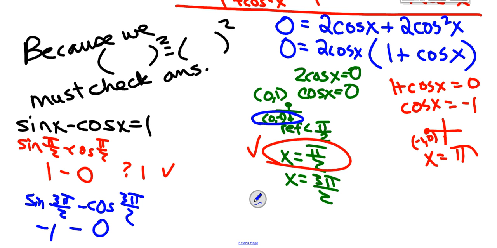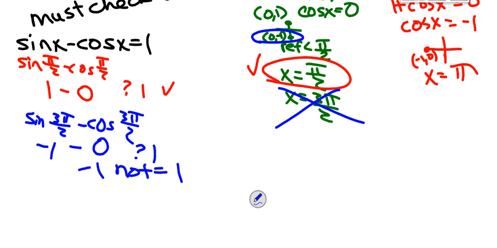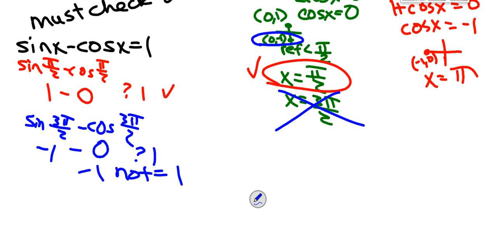Is negative 1 minus 0 equal to 1? No, right? Do we agree that the answer to that question is no? So these are not equal. Negative 1 is not equal to 1. So this solution does not work, and we can't count it as one of our solutions.